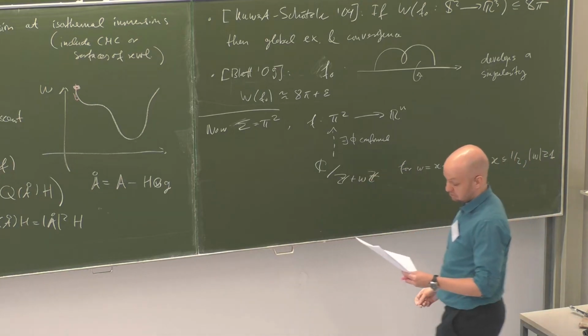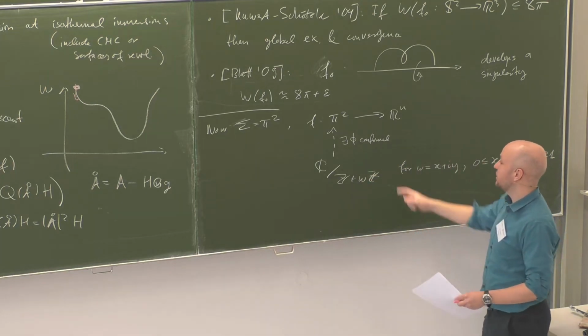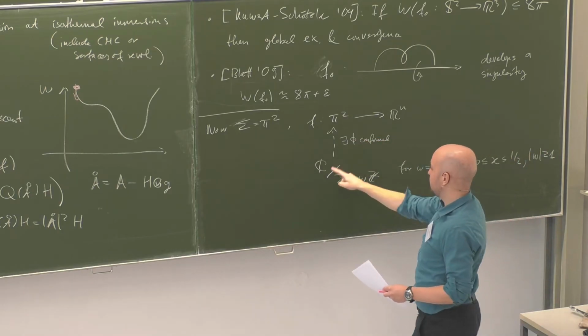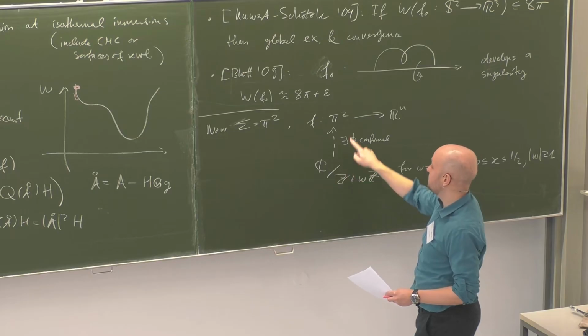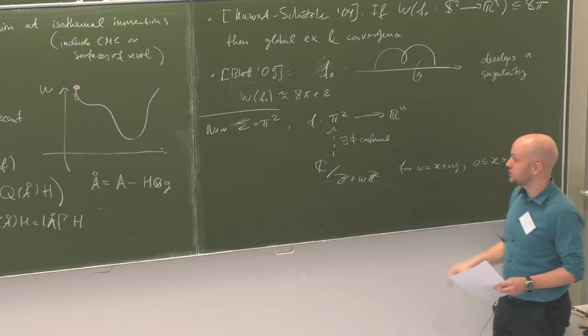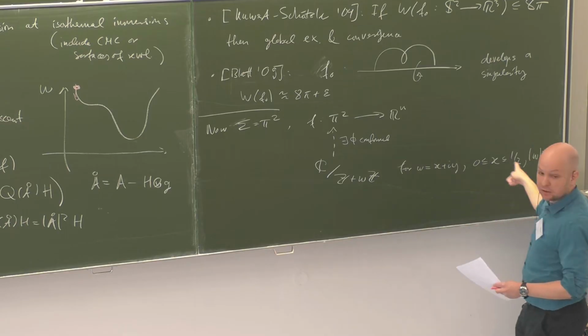This is a theorem that, equipped with the pullback metric here, and here we take the flat metric, there exists a conformal diffeomorphism, and the omega here is unique if we take this restriction.